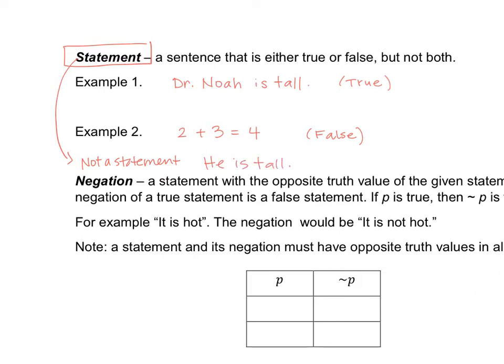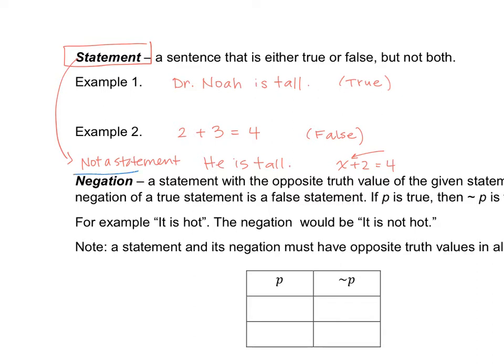It depends really on who he is, so it's not descriptive enough to tell if it's true or false. Or maybe something like x plus 2 equals 4. Again, we don't know if that's actually true or not because we don't know the value of x. There's missing information, so we can't determine if it's true or false.